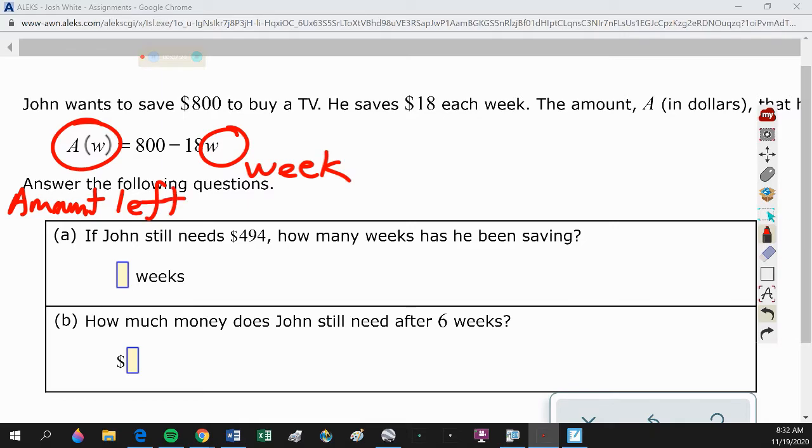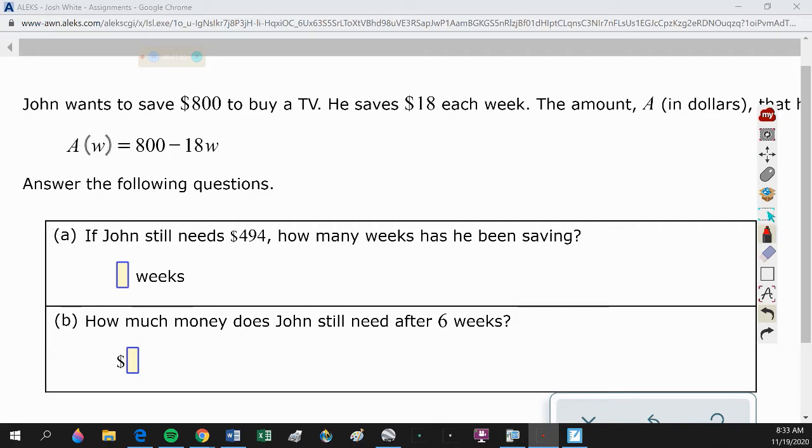So the W is how many weeks he's saved, and A of W, it's like the Y value, is how much he has left. So after 0 weeks, he still owes $800. But after 1 week, we plug 1 in here, and then 800 minus 18 would be 782. That's how much he has left to go.